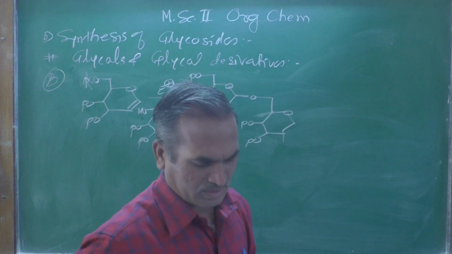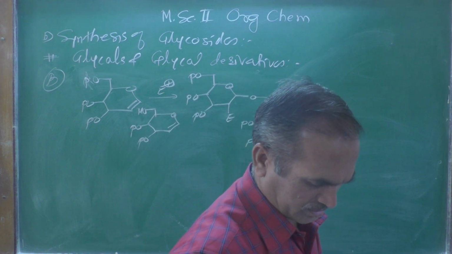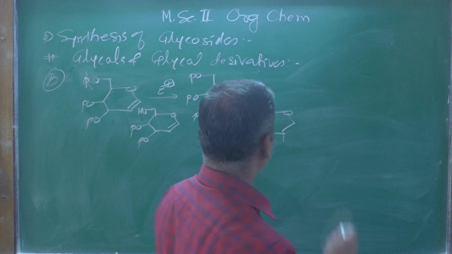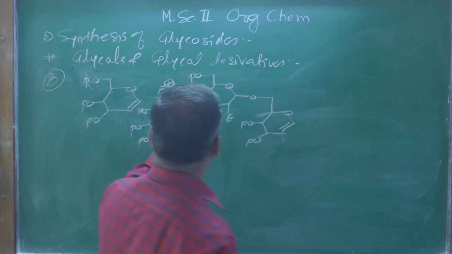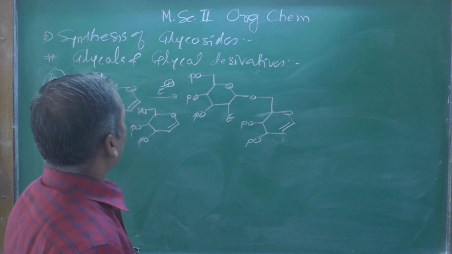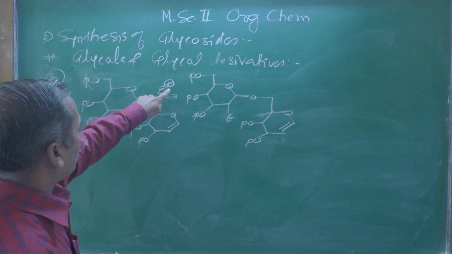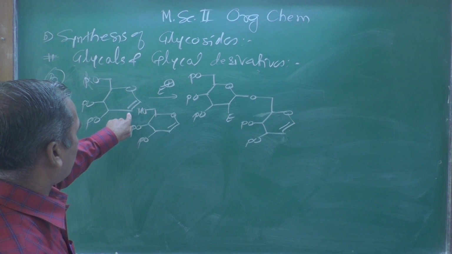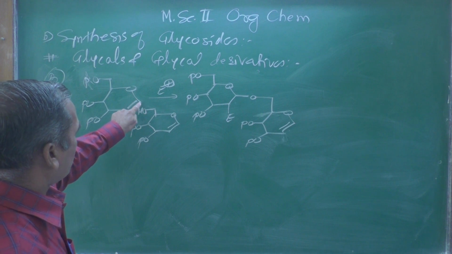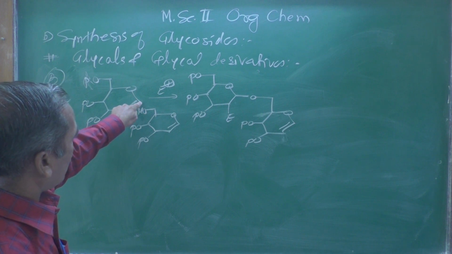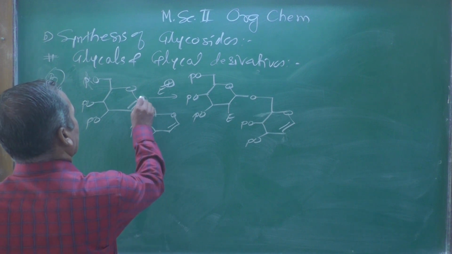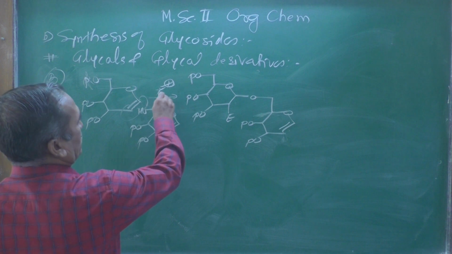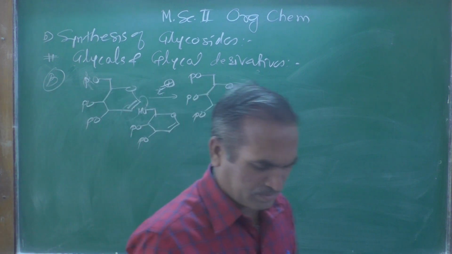Once again, here is a PO, here also a PO. Then here you can write this one, the double bond remains as it is because we are treating with this compound. If you observe this carefully, how the reaction takes place: the electrophile is generated over there, positive charge over there, and therefore this OH can attack over there, and this double bond is attacking, and we are getting this type of compound.